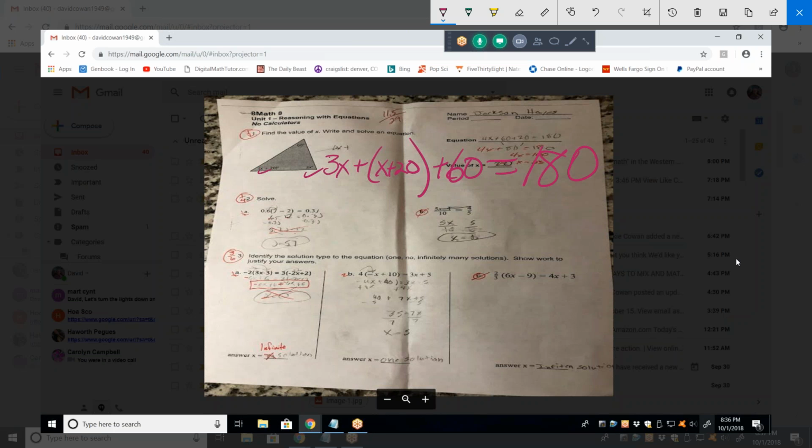Now solve that equation. All geometry is about is setting up equations and solving them. It'd be 4x plus 80 equals 180. Keep going. And then you subtract 80 from 180. Okay. Just read the next line. I know you know how to do it, so just read the next line.